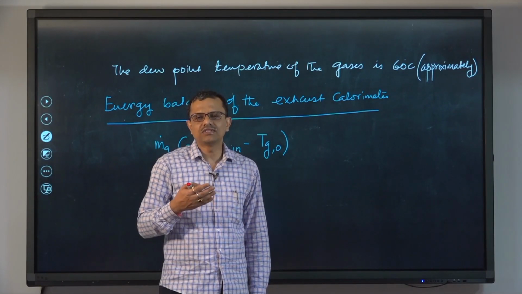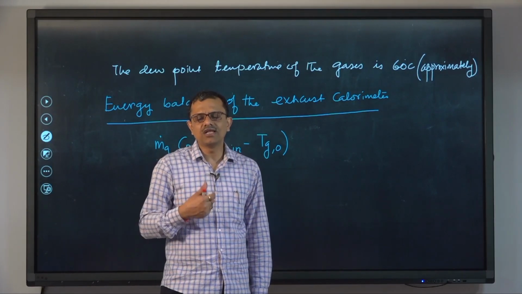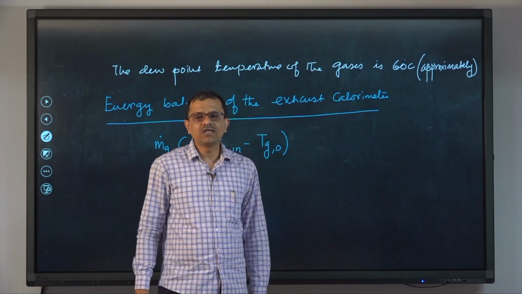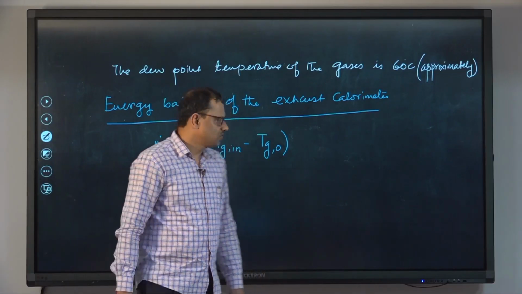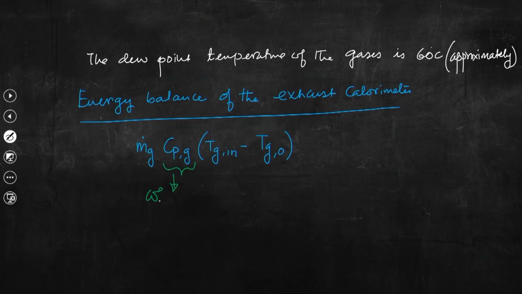Cp is the specific heat at constant pressure, so it is strongly dependent on the temperature, and that too it is not a particular gas, rather a gas mixture.